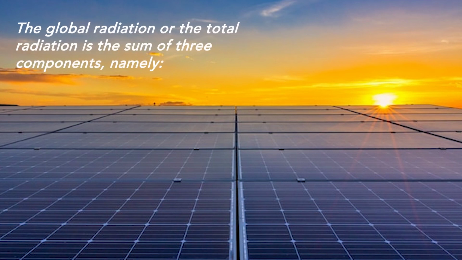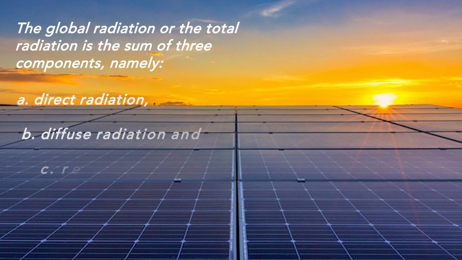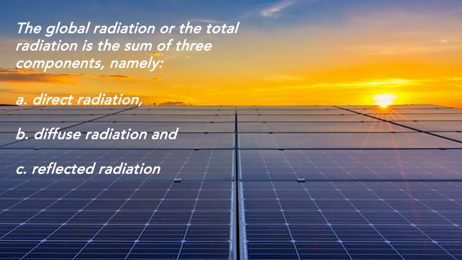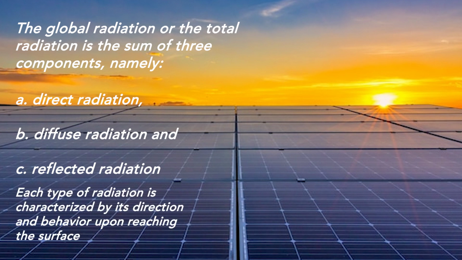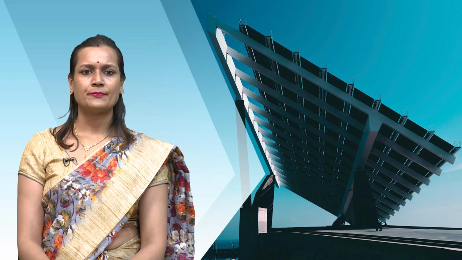The global radiation or the total radiation is a sum of three components, namely direct radiation, diffuse radiation and reflected radiation. Each type of radiation is characterized by its direction and behavior upon reaching the surface. Number 1, direct radiation or direct solar radiation.